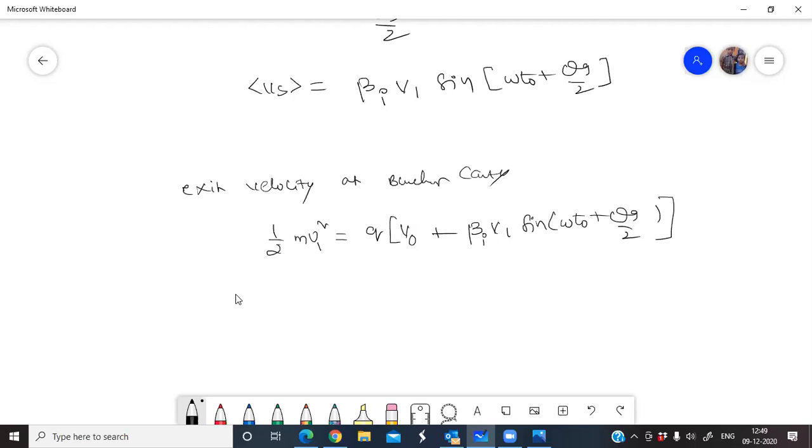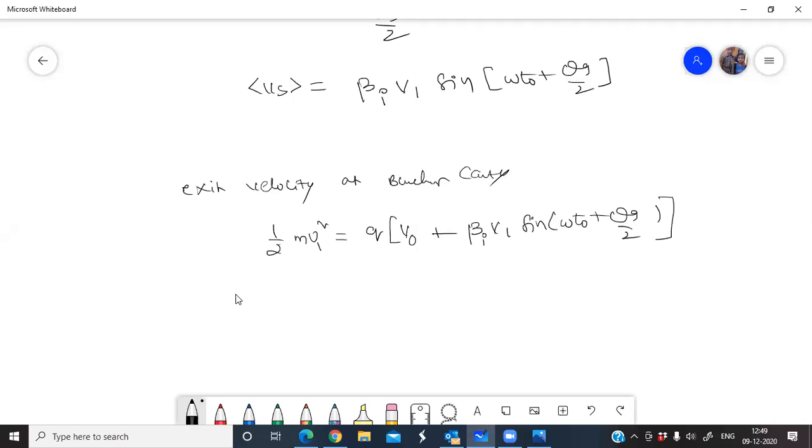That means DC voltage plus RF signal voltage. For that reason, I calculated the average RF signal voltage, that is beta I V1 sin omega t naught plus theta g by 2. The previous formula, equation 1, is only v0 equal to root of 2q V0 by m.